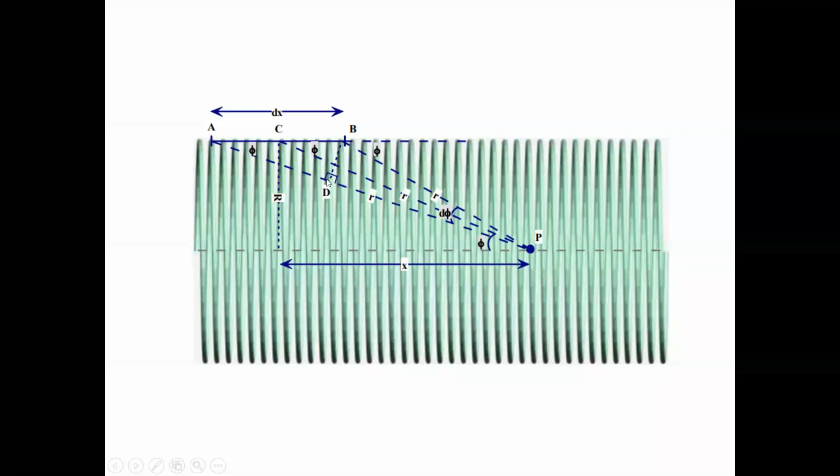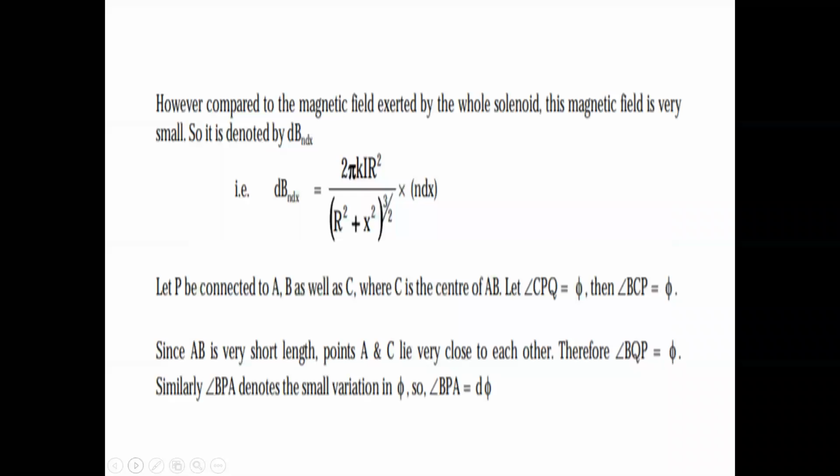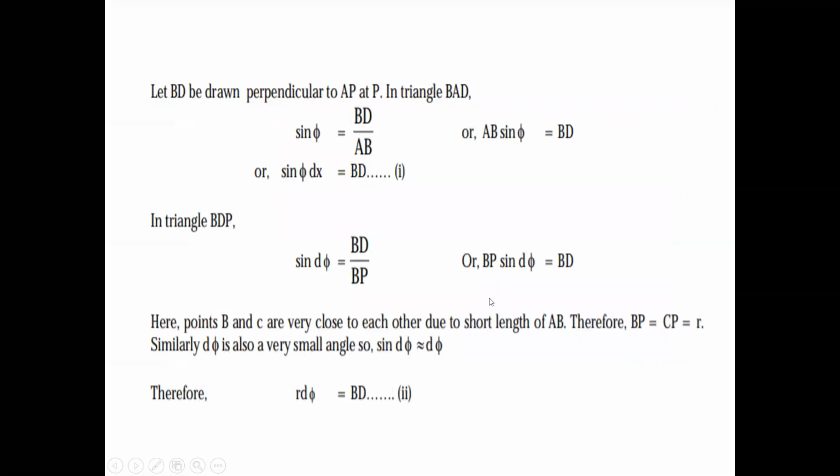So BD is equal to sin d phi into the hypotenuse. This value is equal to R. So the BD value becomes R sin d phi.